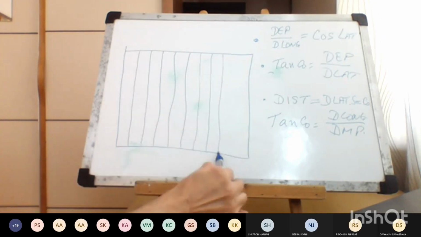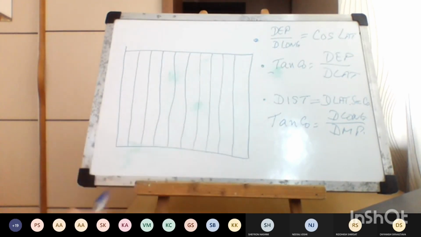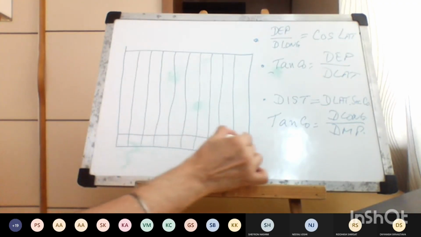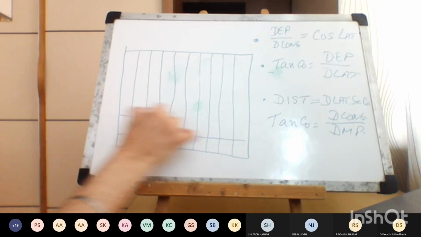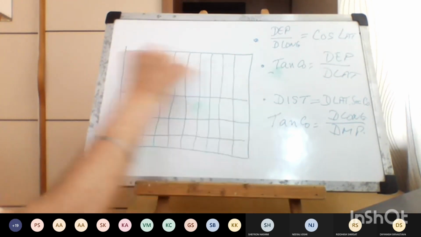You may find slight difference because of my free hand. The meridians are equally spaced, but when it comes to latitude, as you go higher up, the gap goes on increasing.